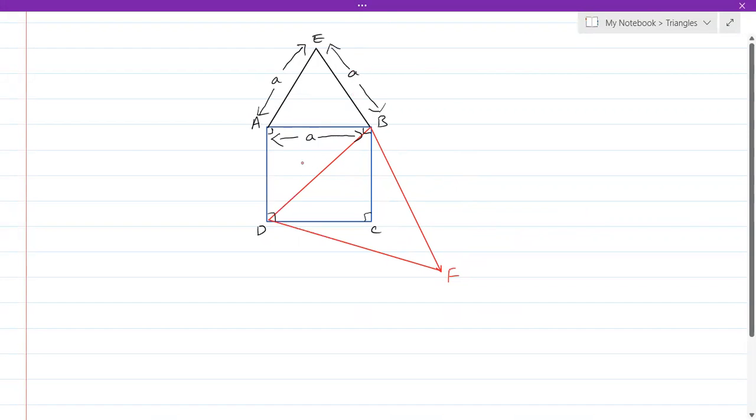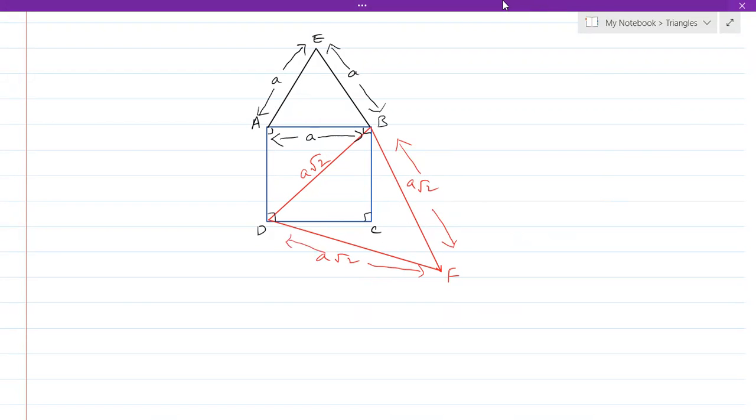The diagonal of a square is given by the formula a root 2, that is side into root 2. We have taken the side of the square as a, so the diagonal value will become a root 2. So DBF is an equilateral triangle, which implies all the sides will become a root 2. So all the three sides are equal to a root 2.